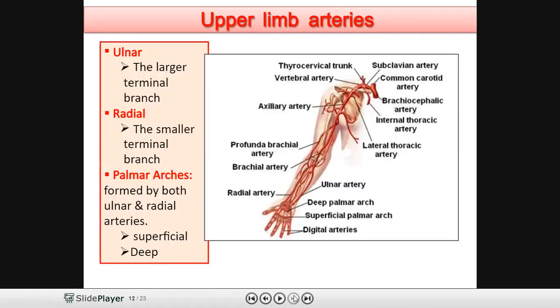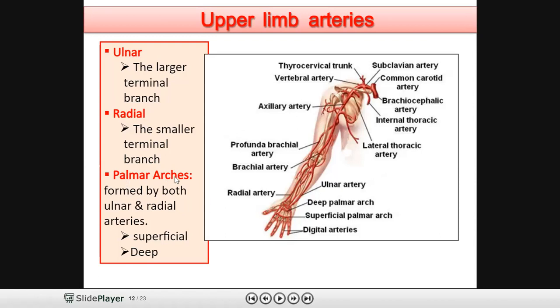Okay. So now we said that the terminal branches are the ulnar artery and the radial artery. So the ulnar artery is the larger terminal branch of the brachial artery, while the radial artery is the smaller terminal branch of the brachial artery.